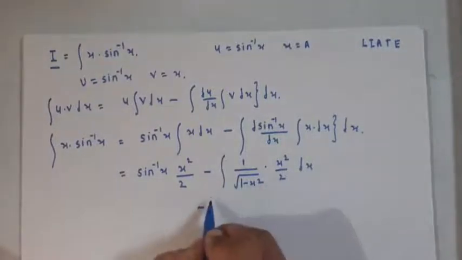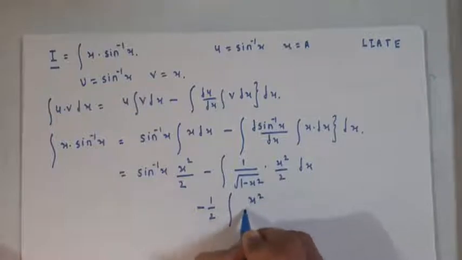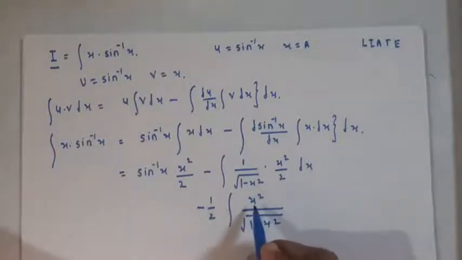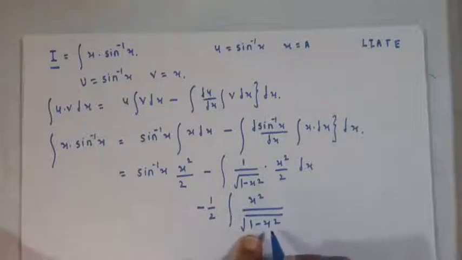Okay students, take this 1 by 2 outside, and now we have x square upon square root of 1 minus x square. Now at the denominator there is 1 minus x square, and at the numerator there is only x square. So adjust the term 1 minus x square.